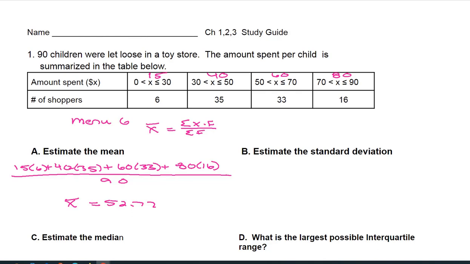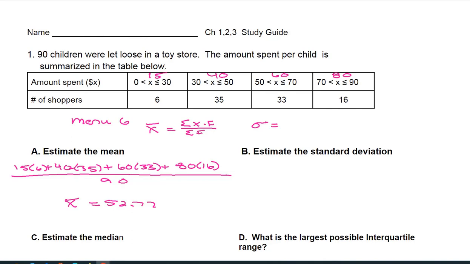All right, now we're going to estimate the standard deviation, and basically it's the same kind of thing. I'm going to do variance first. Keep in mind that standard deviation is just the square root of the variance.